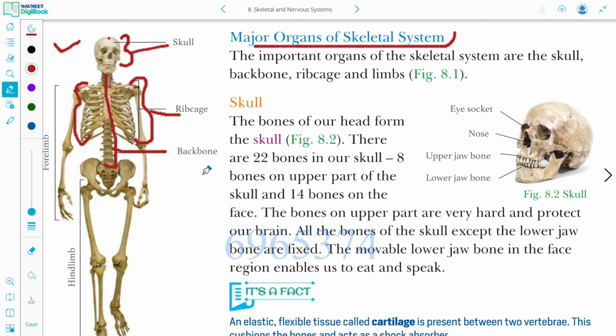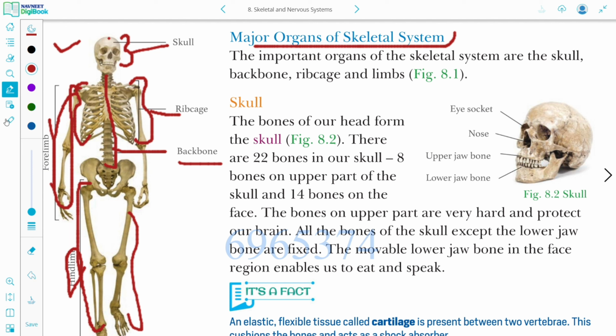This is your forelimb. ठीक है बच्चे, next is your hind limb, legs are your hind limbs, right? Forelimb is arms and hind limb is legs.